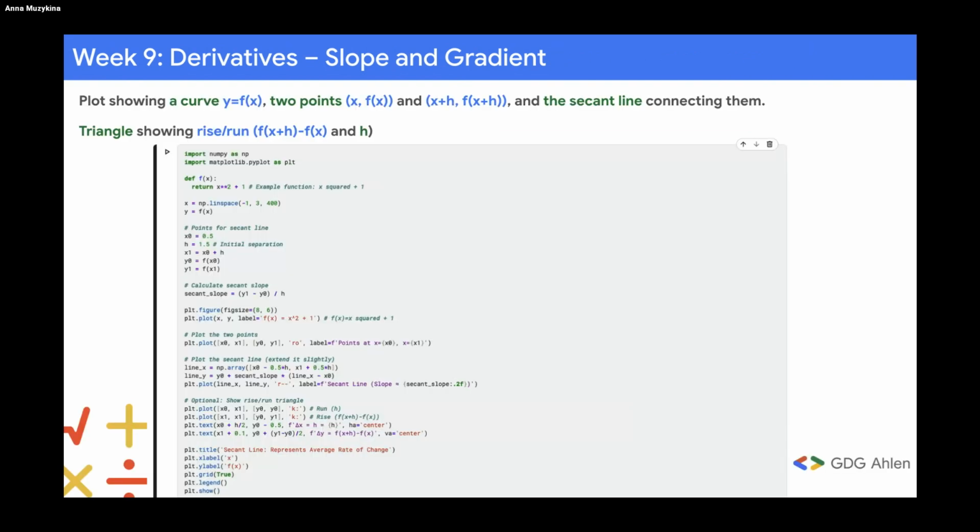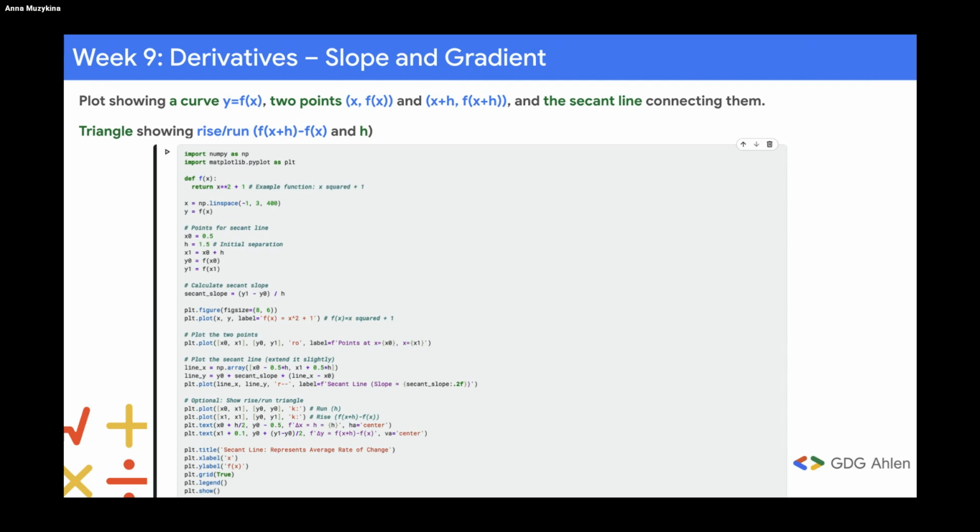Let's take a look at this example. This code defines a sample function f of x equals x squared plus 1. It picks two x values, x0 and x1 equals x0 plus h, calculates the corresponding y values and plots the function curve, in blue, and these 2 points, red dots.